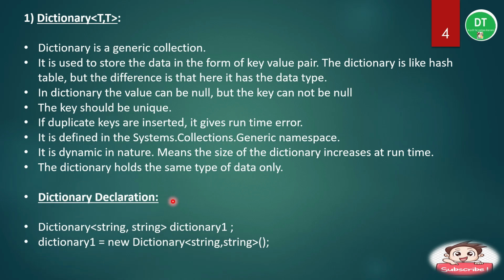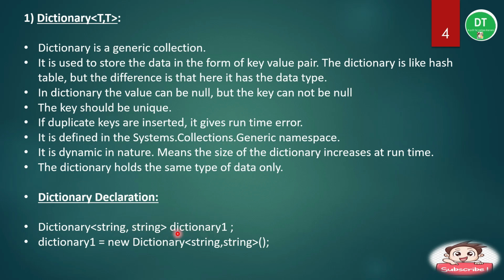Dictionary declaration. For declaring the dictionary, we have to write Dictionary, which is a type of collection already present in the System.Collections.Generic namespace. Then we have to mention the type of the data, meaning the data type of the key and the data type of the value. So the key will be of string type here and the value will also be of string type here.